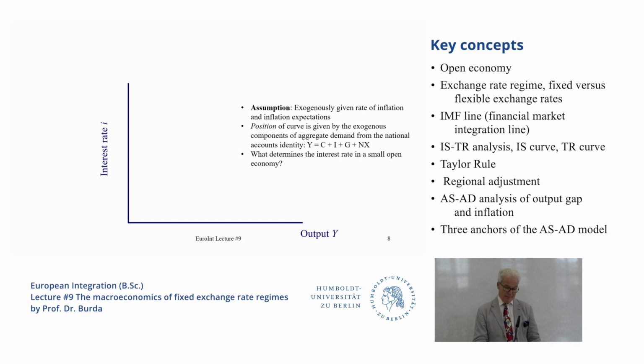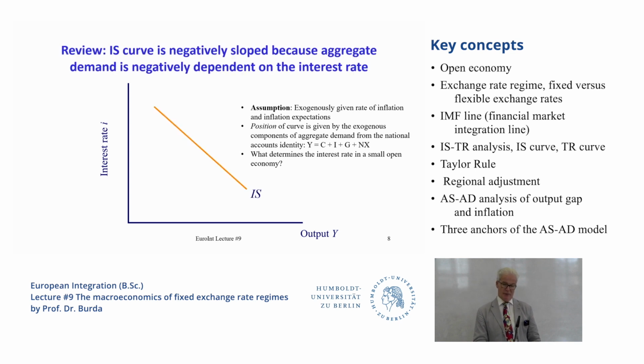So here's the IS curve. Negative relationship in interest rate output space, or output interest rate space. Output is GDP. The interest rate is the nominal interest rate, and since inflation is kind of given from up there, it's really about the real interest rate.